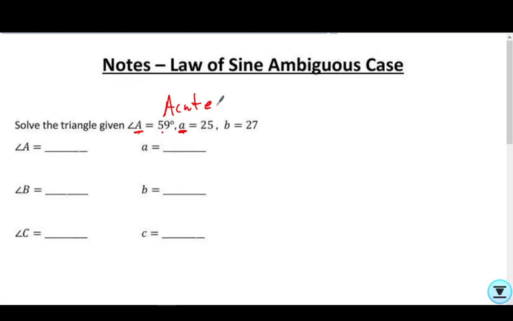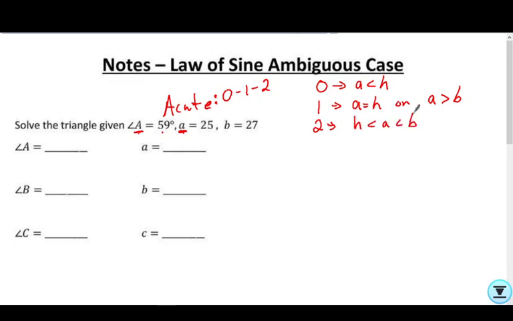So an acute ambiguous case could have 0, 1, or two solutions. 0 solutions is when A is smaller than H. 1 solution is when A equals H or when A is greater than B. And you have 2 solutions when A is greater than H but less than B.